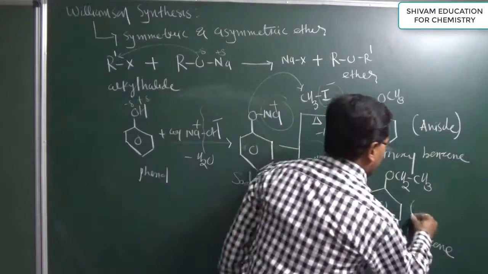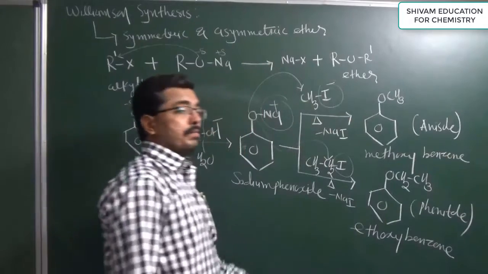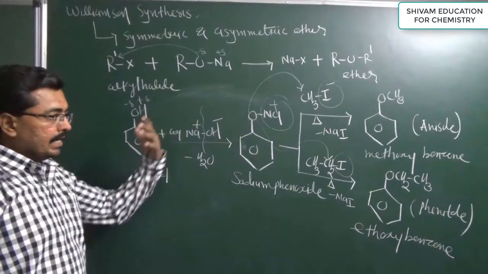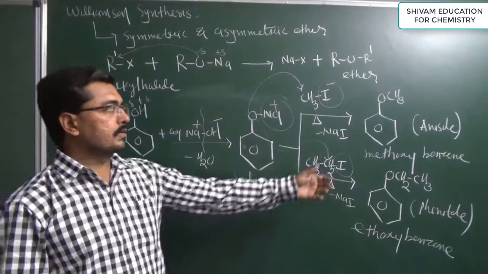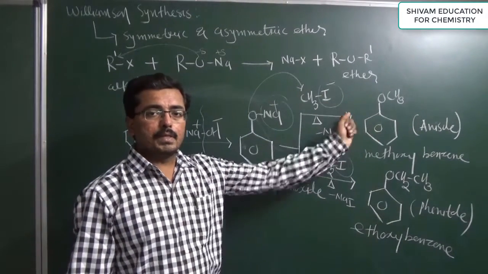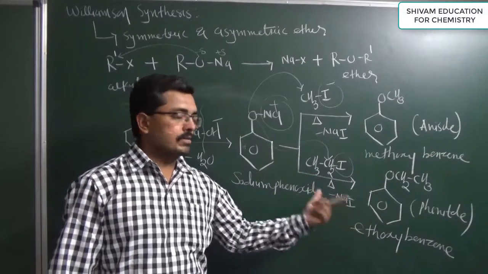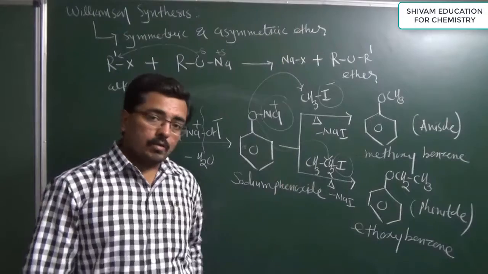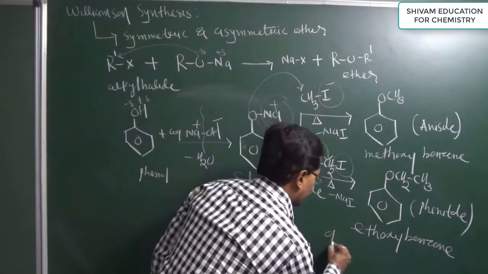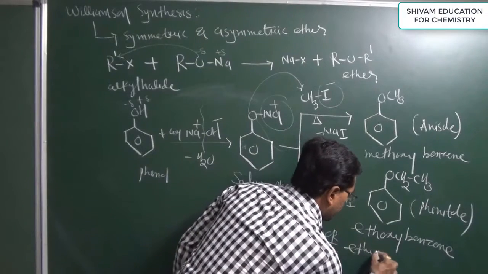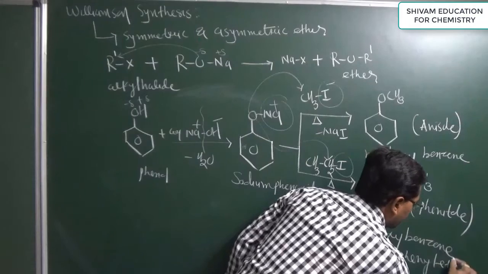Anisole can be prepared from phenol in two steps: first, phenol to sodium phenoxide, and then sodium phenoxide reacts with methyl iodide to give anisole, or with ethyl iodide to give ethoxybenzene. Another common name for this ether is ethyl phenyl ether.